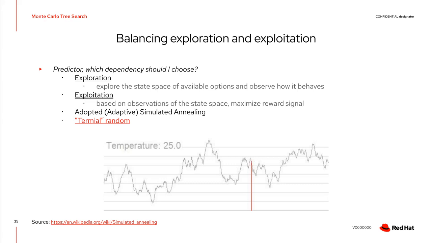Okay. So to balance exploration and exploitation, we use adaptive simulated annealing principles, in which case we have a temperature that is set to some high number, and over time it decreases. And factors that form this adaptive simulated annealing are the number of stacks that are resolved, number of iterations, number of rounds done in the resolver, number of actions taken, and so on.